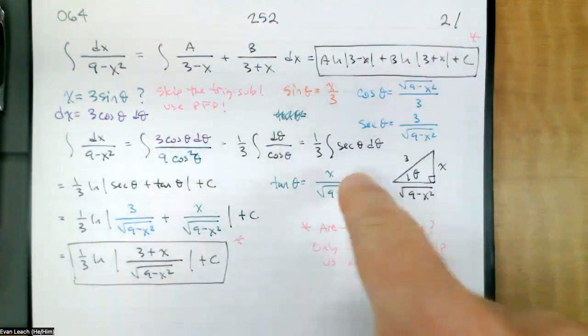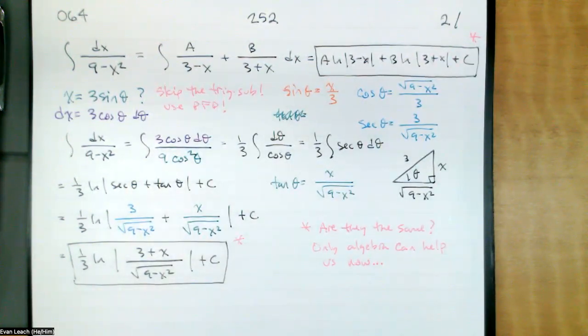It's just going to be 1/5 natural log of 5 minus x plus 1/5 natural log of 5 plus x. I think one of those ends up being minus. Doesn't matter, but I can't remember which one it is. That's why I left it in A and B. But you're not going to be fooled by that. You know what's going to be happening. Does that make sense? That's the thing that I care about the most.